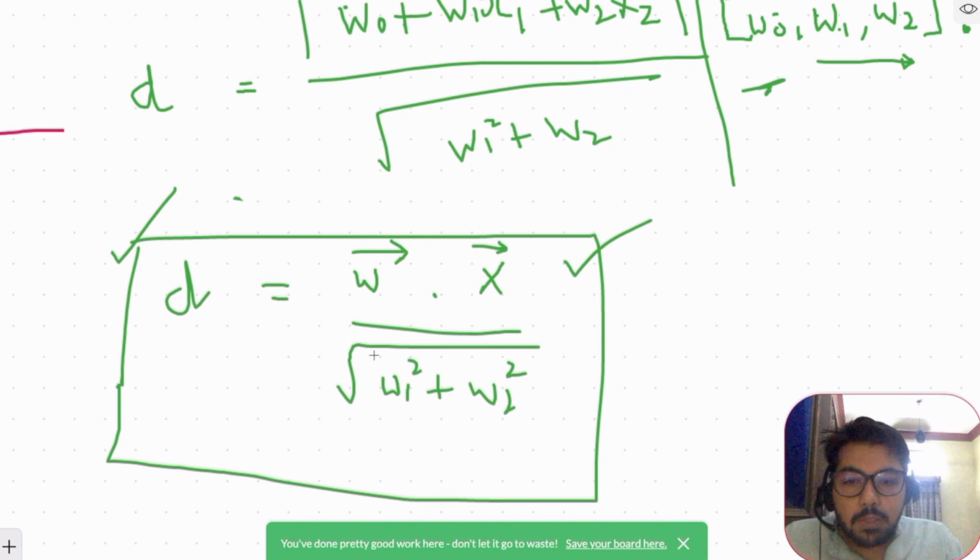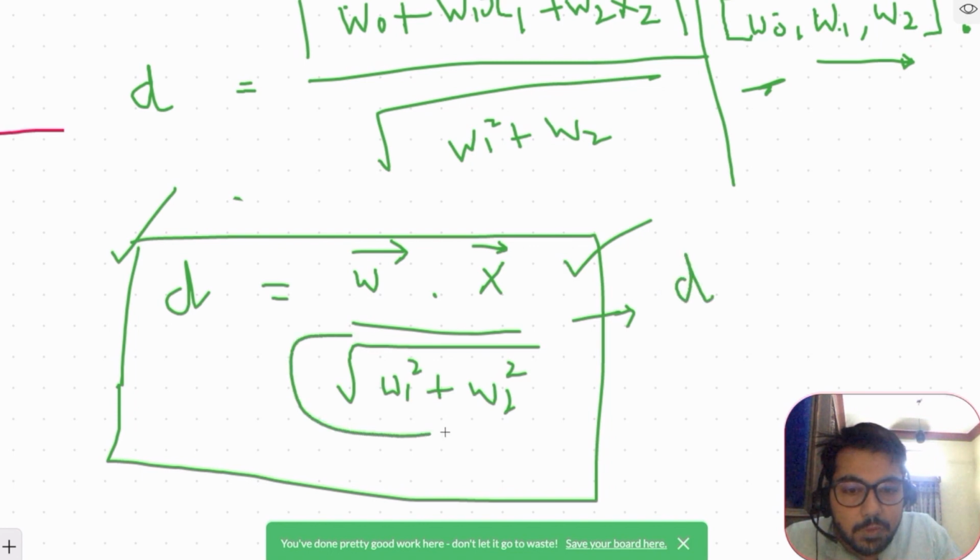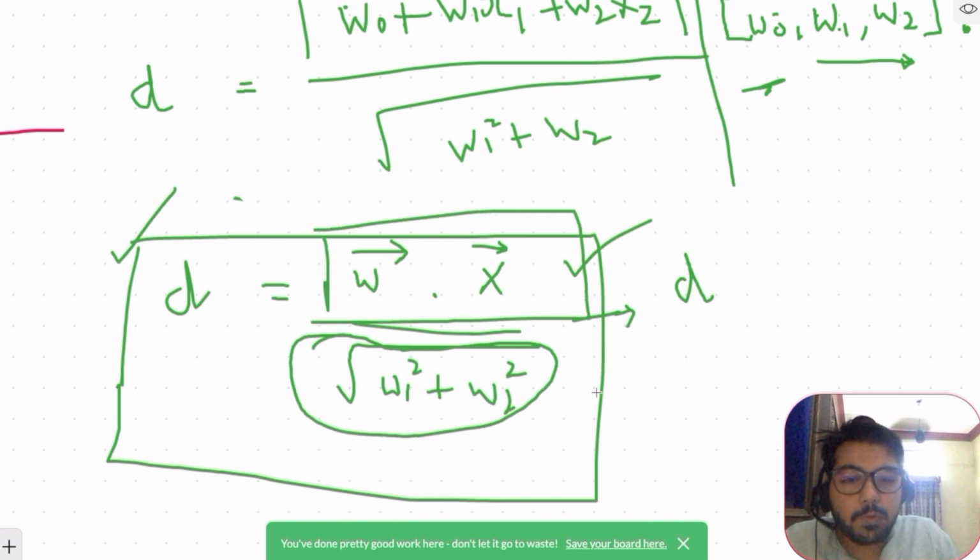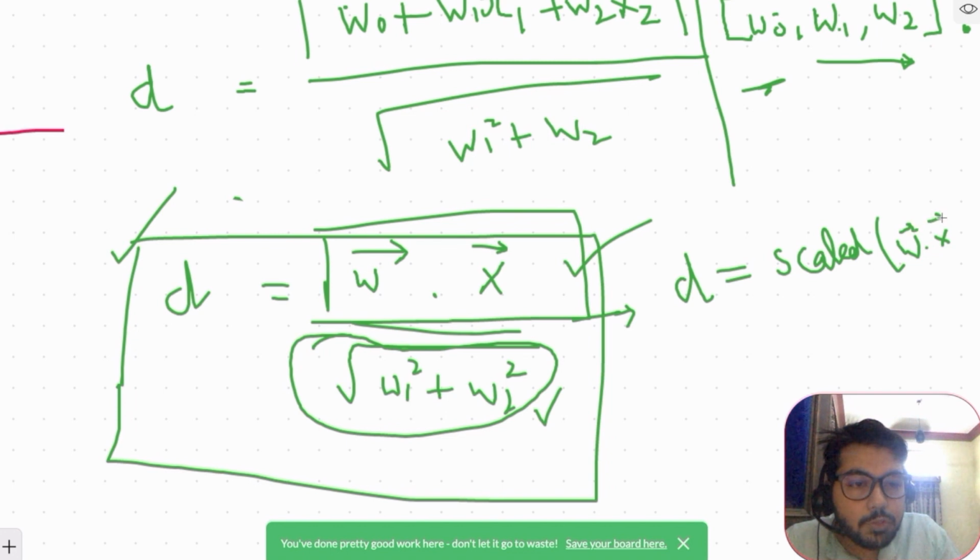Also, we can say that this particular distance is actually a scaled distance. This is a scaling part, where we are dividing a particular value by a constant. So the distance is nothing but a scaled version of the scalar product of the w vector and the x vector.